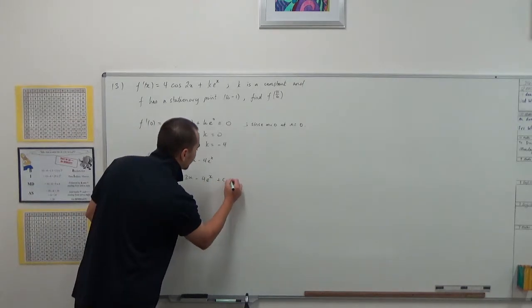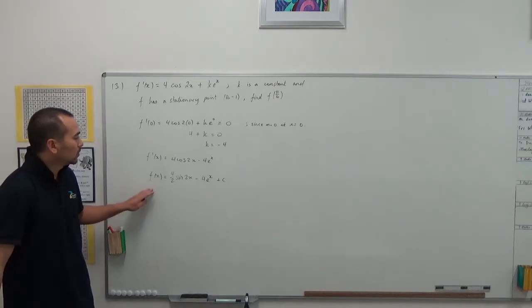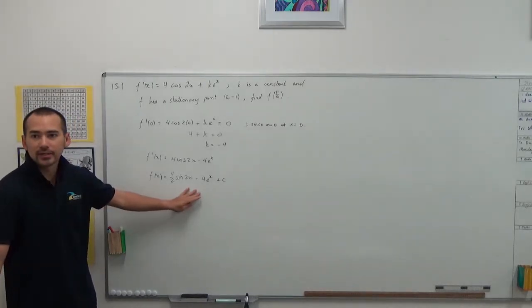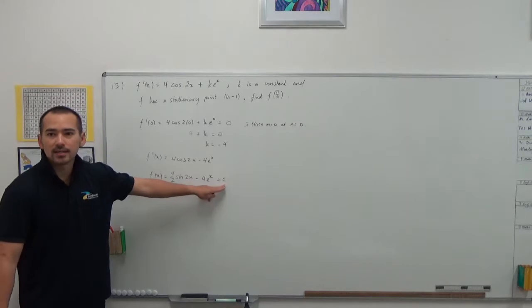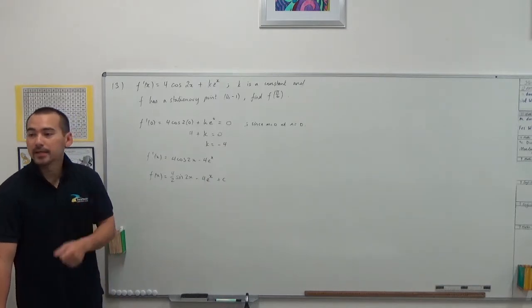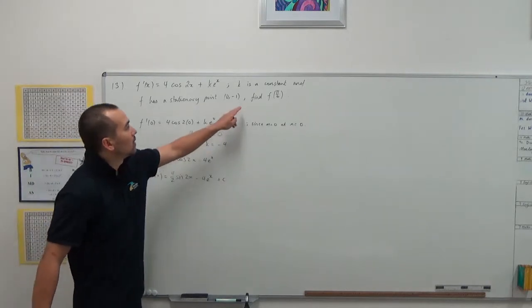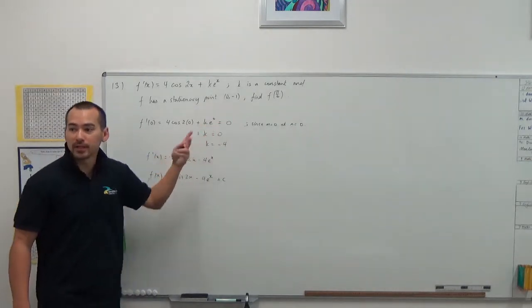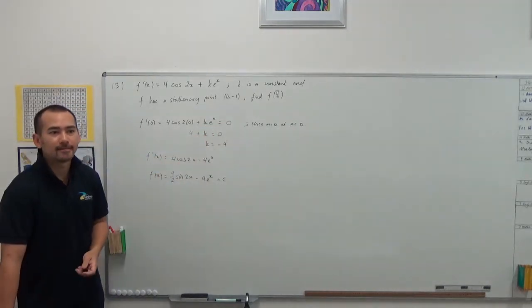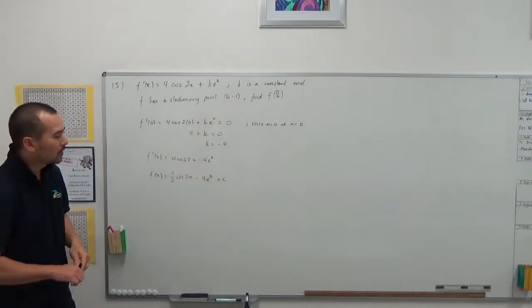Very good. Okay, and so we have the original function f with a constant c. How are we going to solve c? We need a coordinate on the function f. And do we have one? We do. They told us there was a stationary point. We can use that as a coordinate. This is a great question because you actually use that point twice in 2 different ways.